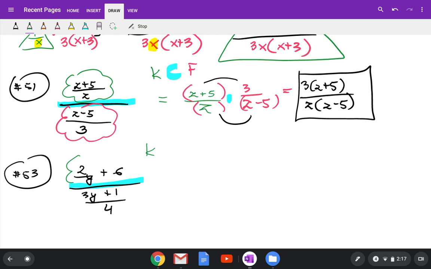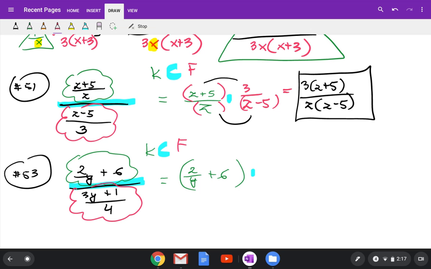Keep 2 over y plus 6. Change division to multiplication. And flip the bottom part. That will be 4 over 3y plus 1.